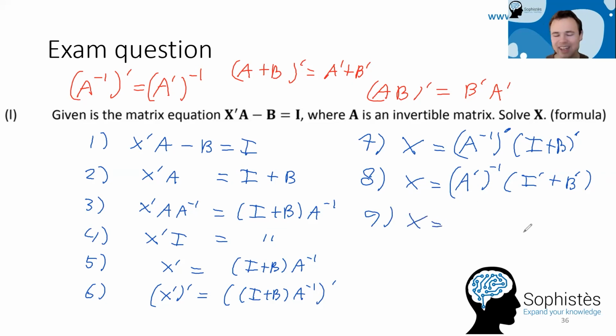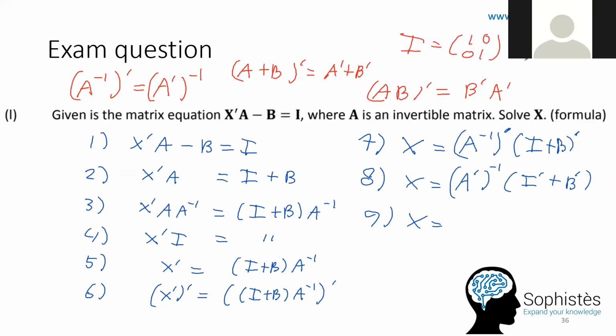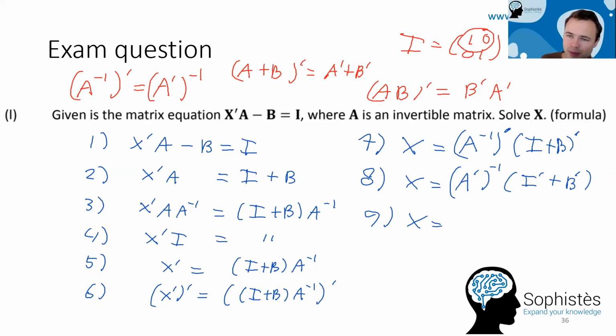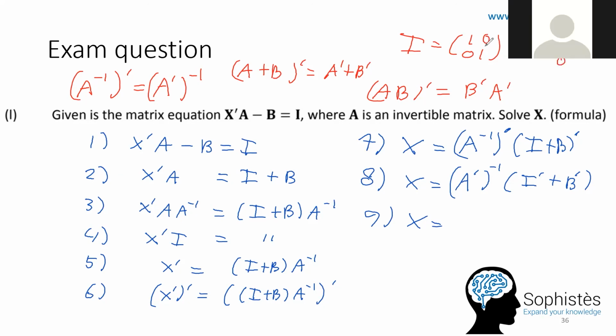There's one thing, and this one is really tricky, and it will make sense if I explain it. You will see. Tristan, what is the I? The I is 1001, right? Yes. What is the I prime? So the first row becomes my first column, right? Yeah. And then the second row.